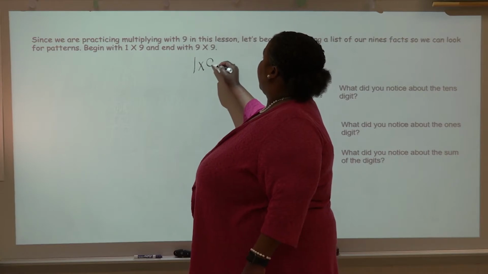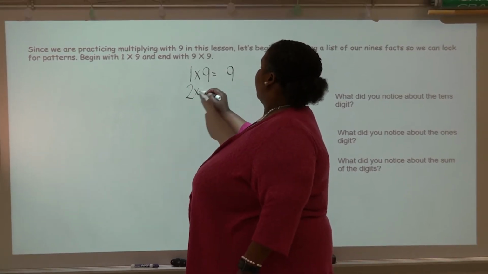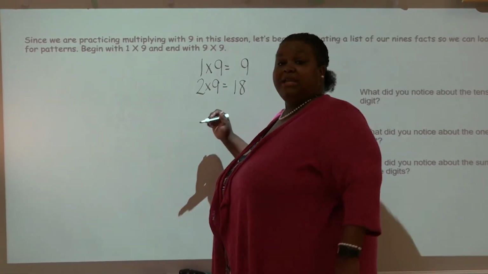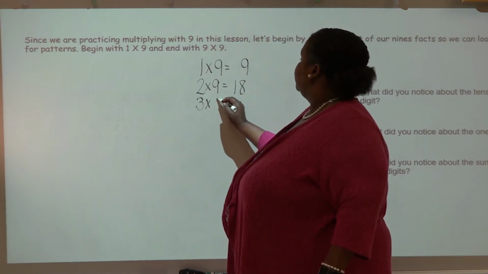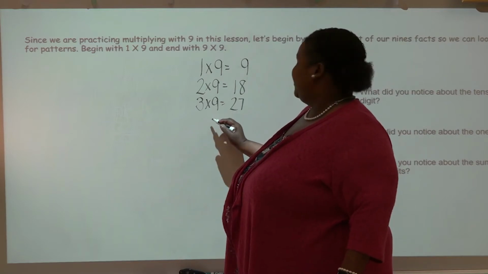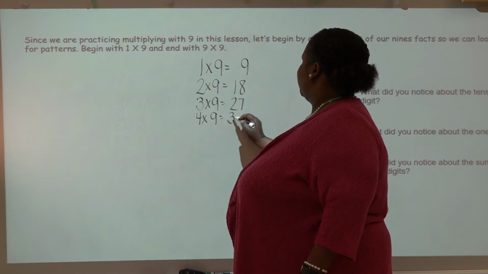1 times 9 equals 9. 2 times 9 equals 18. As I'm writing it, make sure you're writing it on your paper. 3 times 9 equals 27. Hope you're noticing a pattern. 4 times 9 equals 36.